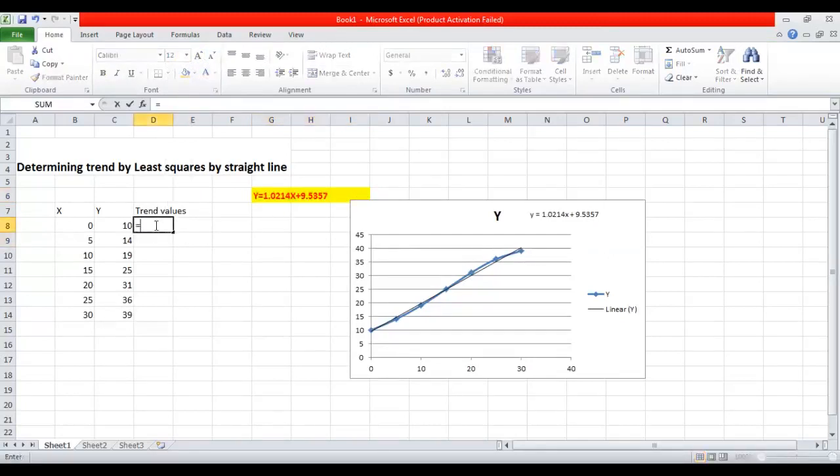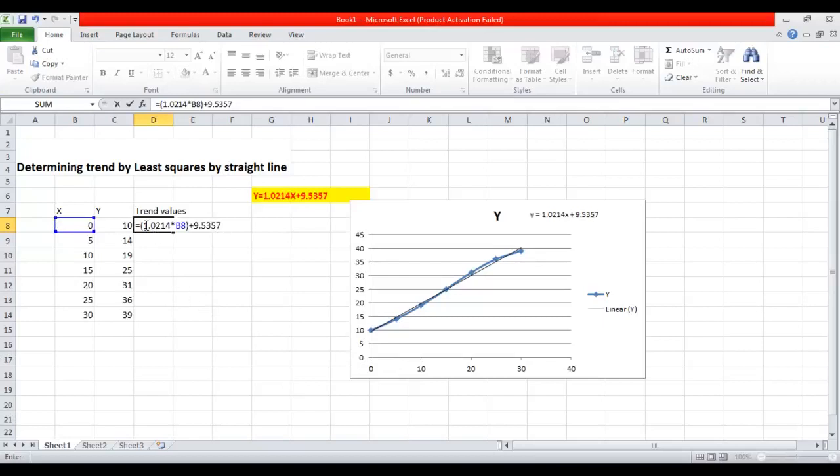You type equals, open the brackets, then the equation: 1.0214 into x, what is the x value? This is my x value. Select this value of x, close the bracket, plus 9.5357. Now, this is the required equation.